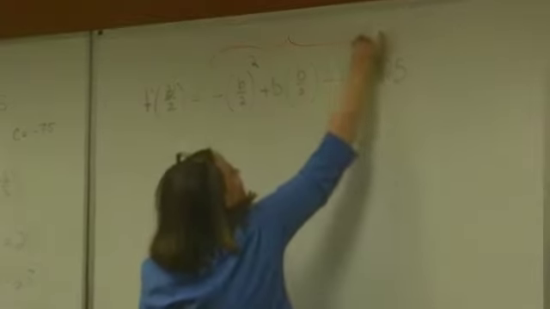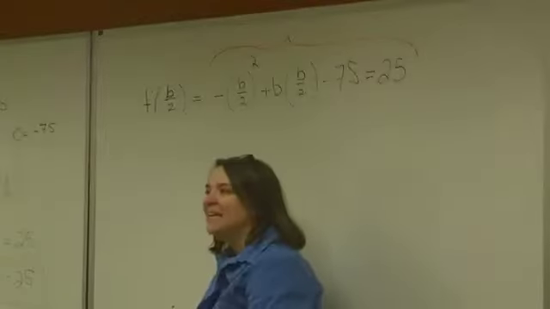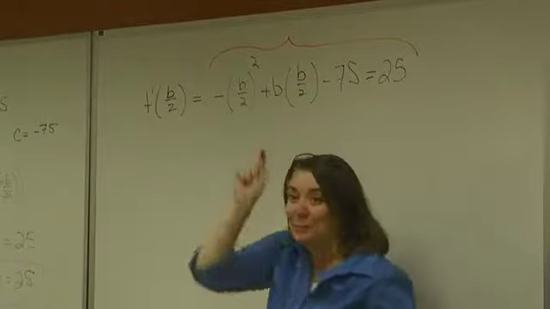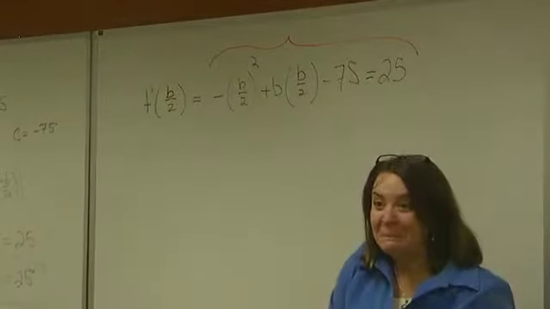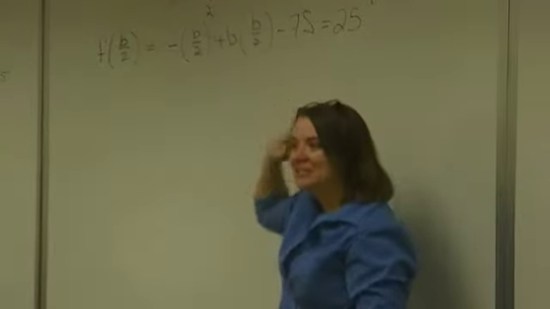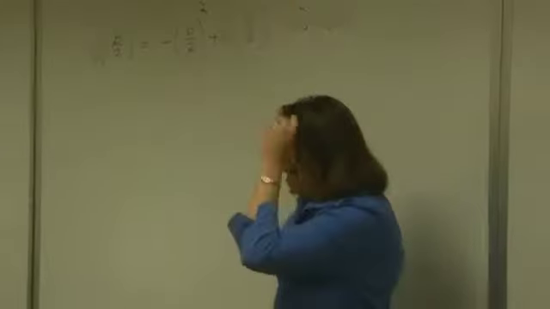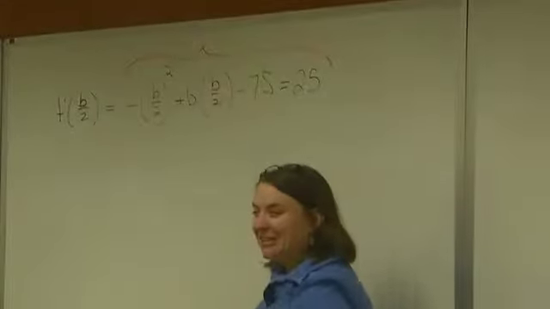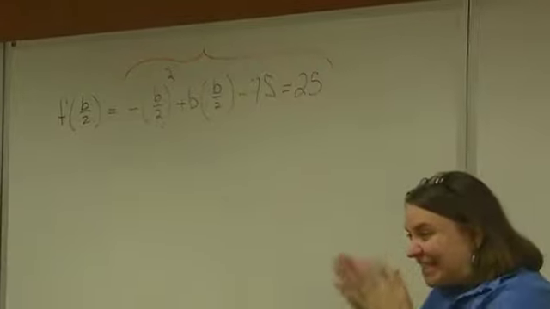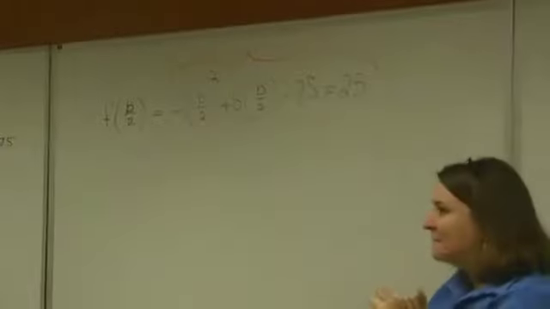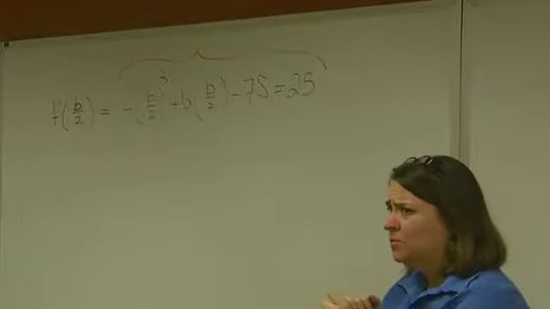So the last step, we need to solve this quadratic equation for b. Simplify and solve the quadratic equation, and then we'll check our answer with the technology. This was a super duper warm-up problem.